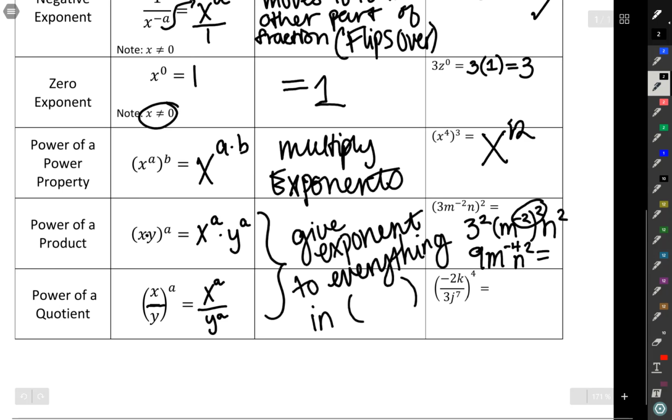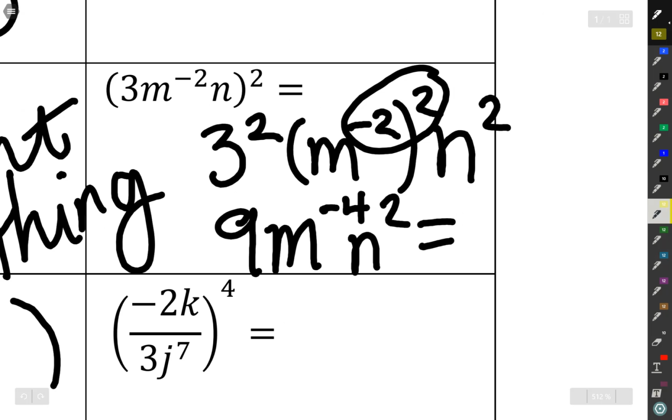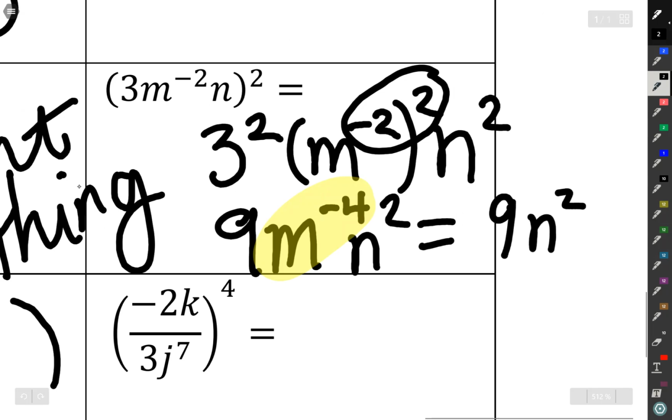Since we have a negative exponent, that means that this one needs to go to the denominator. So we have 9 n squared staying in the numerator, but m to the 4th is going to go to the denominator. Let me write that again.